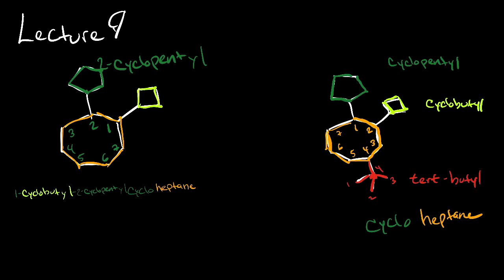Okay, so now that we have them all numbered, we can draw the number in front of them. And so what this is in our numbering system is a 4 tert butyl, and this is a 2 cyclopentyl, and that is a 1 cyclopentyl, 2 cyclobutyl, 4 tert butyl.